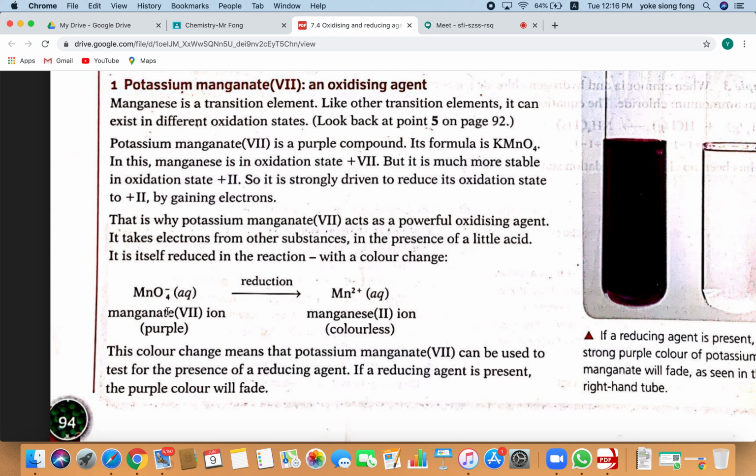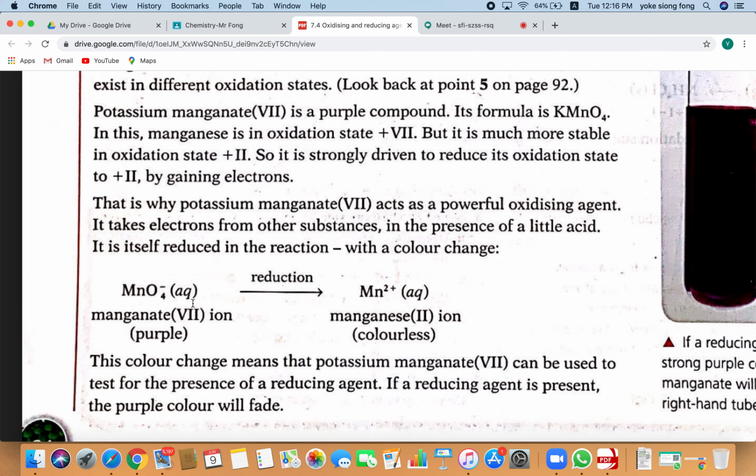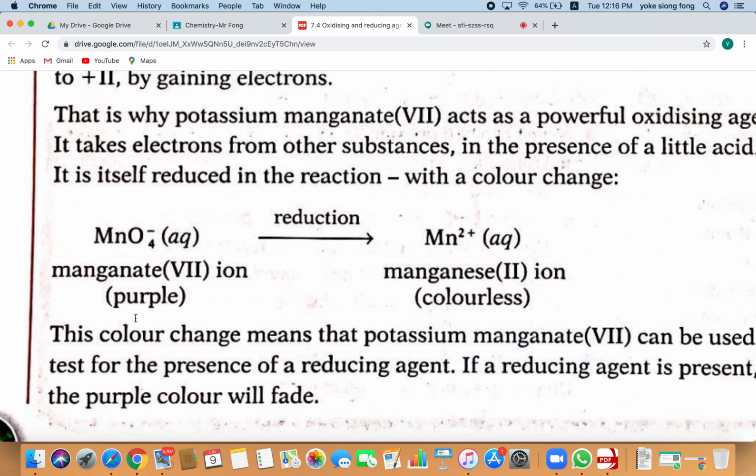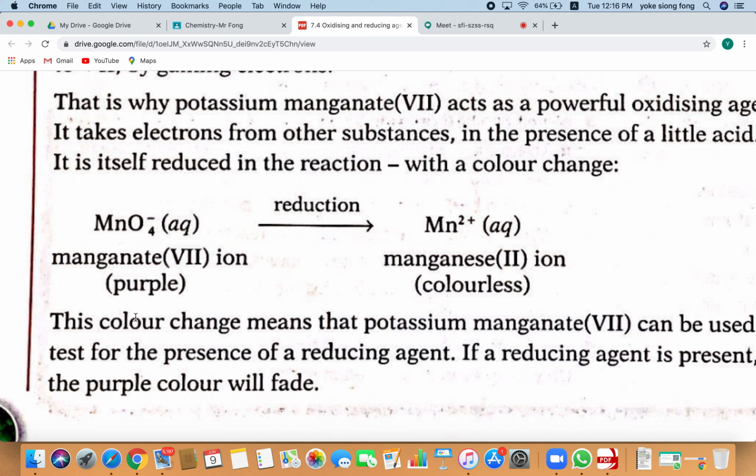Okay, we do a bit basic one. We count the oxidation number for the manganese, the Mn. Let's say we don't know the answer. Then for the oxygen, the common one, for one oxygen, the charge is 2 negative. Oxygen, when it comes to the ion, is 2 negative.